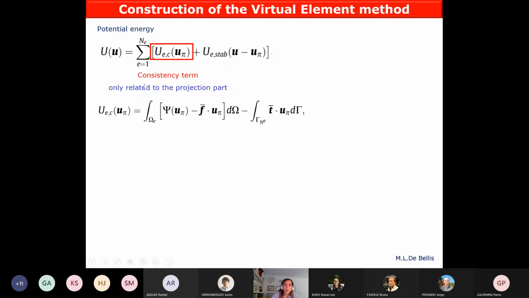Considering the first part only depending on the projection, in this case of finite deformation, the first integral, differently from what happens for small strains, cannot be shifted to boundary integrals, and so we have to numerically integrate over the element area this term that only depends on explicitly known polynomial functions.